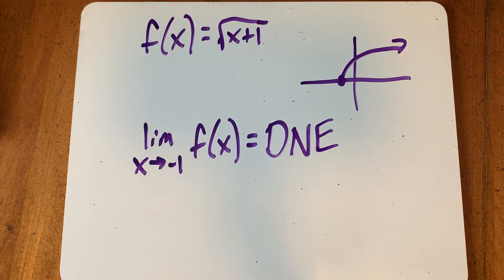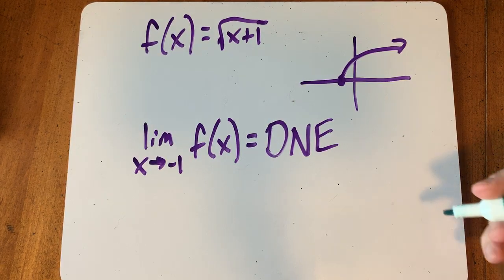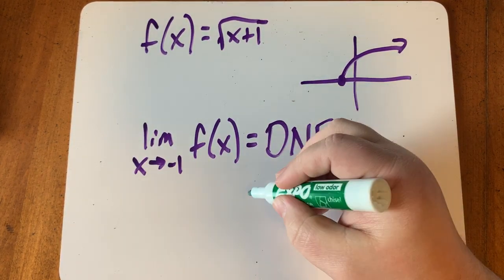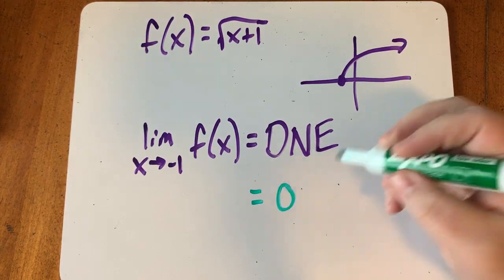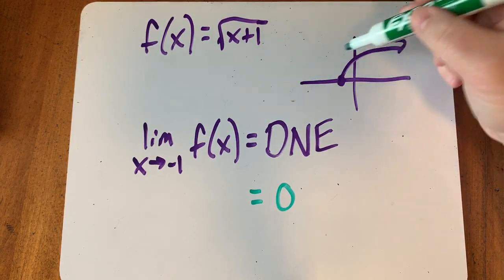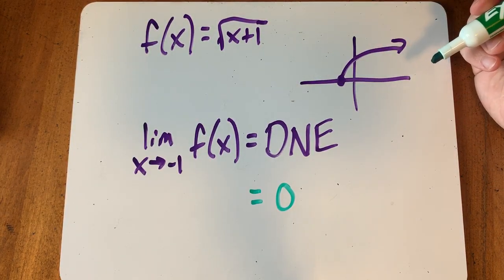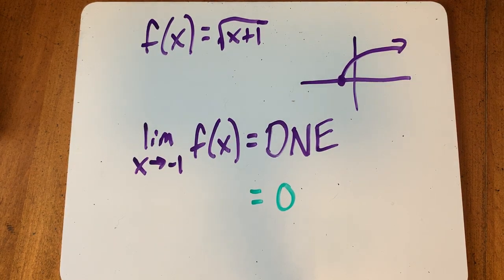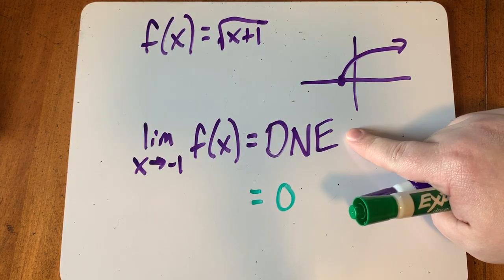You may have teachers in the future that say that that limit should actually be 0. I'm not one of those teachers. I believe that if there's no left-hand limit, there's no limit. There's no general limit. So this is what I'm expecting.